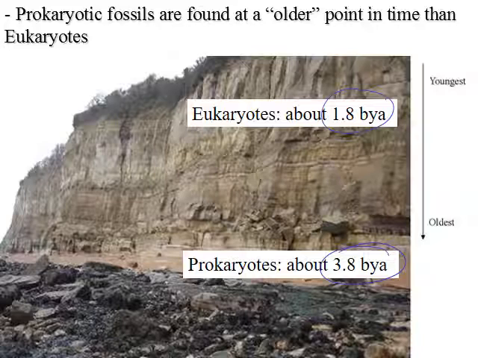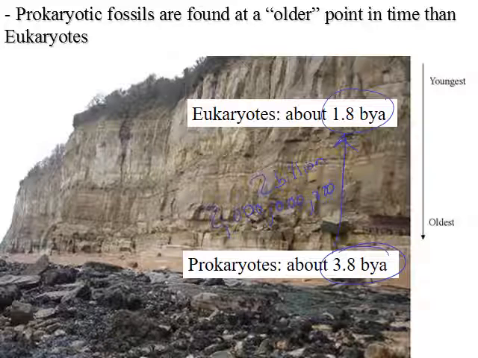So at about 3.8 billion years ago, we find the earliest prokaryotes, and then it's another 2 billion years before you see anything that has a nucleus, mitochondria, rough endoplasmic reticulum. So just going from a simple cell to a slightly more complex cell took 2 billion years, and that's a lot of zeros.